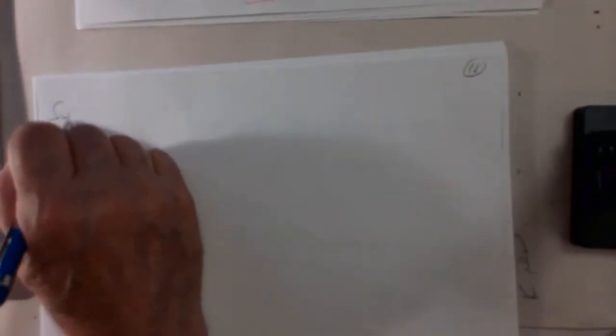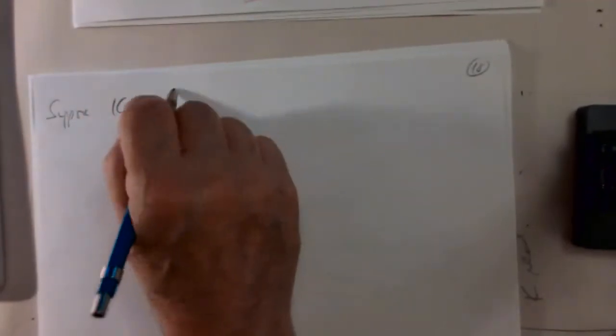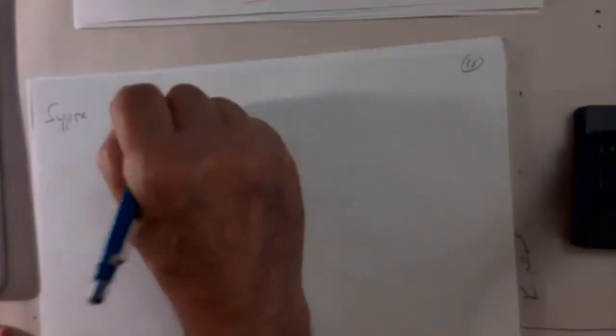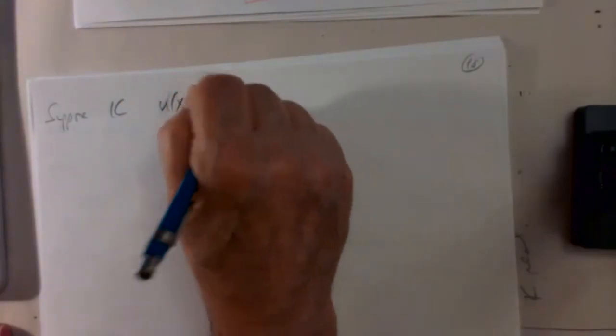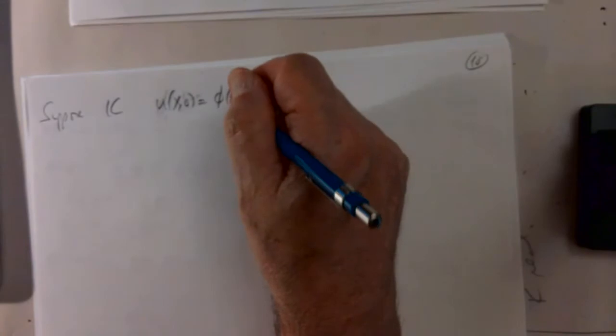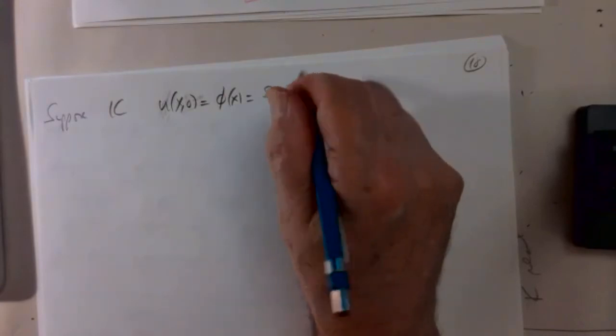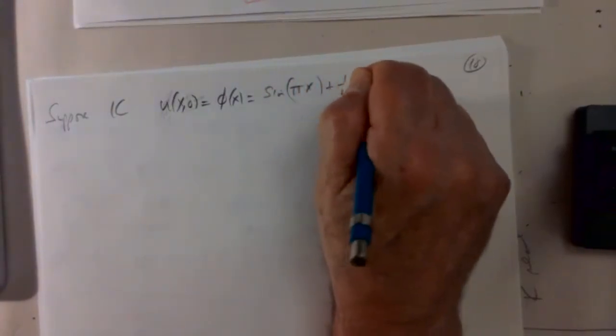All right, so let's look at a very simple example. Suppose the initial condition is that phi of x, that means the temperature when the time is 0 at position x, is just given by sine pi x plus a half times the sine of 3 pi x.